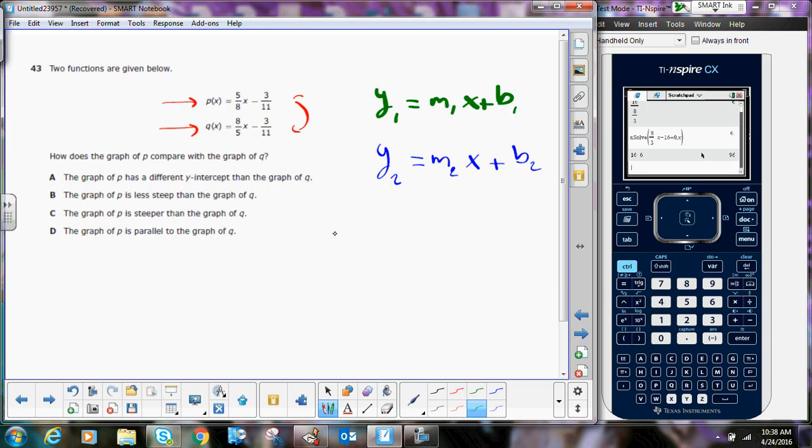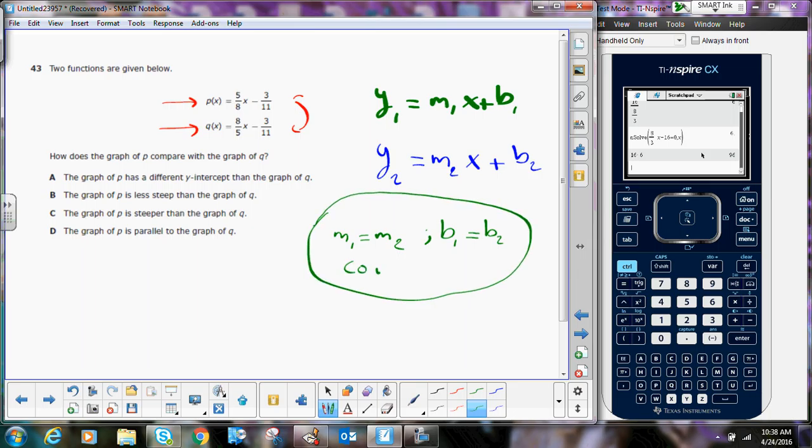If you have the same slope and the same y-intercept, your lines will be what we call coinciding, meaning the same line. Coinciding, your lines are coinciding, meaning on top of each other.